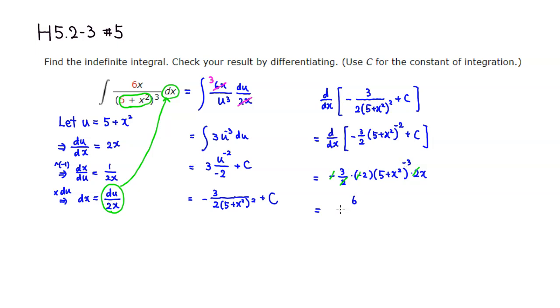Since it's a negative power, I'm going to put the 5 plus x squared on the bottom, but we still have to cube it. So you can see that we get exactly the same thing as the integrand here. That verifies that this antiderivative is correct. That's it. I hope that this was clear.